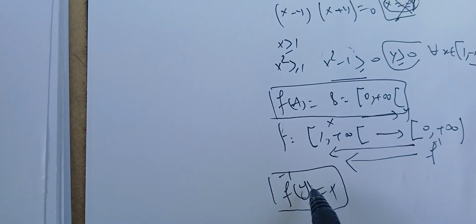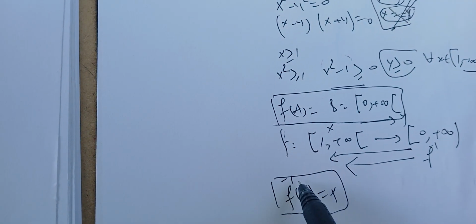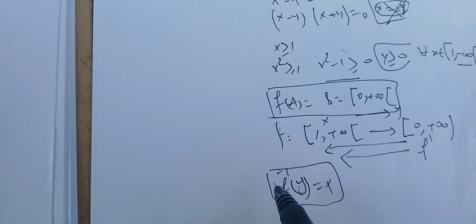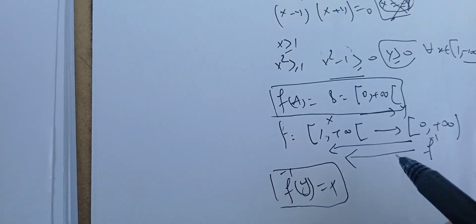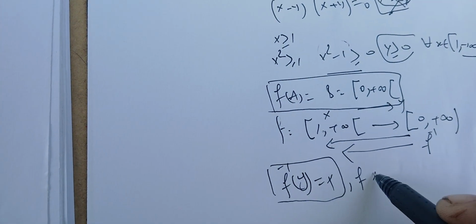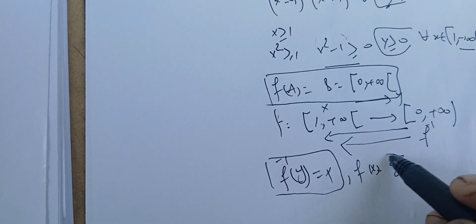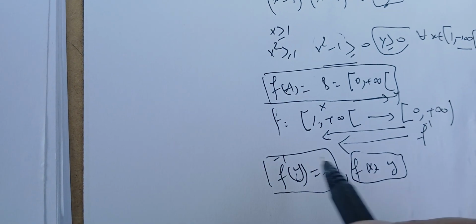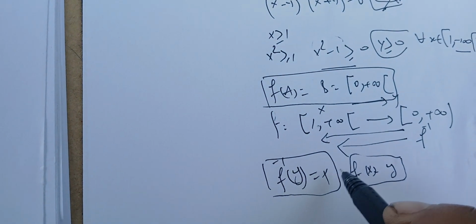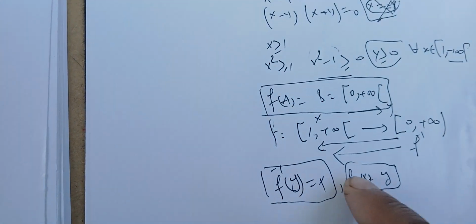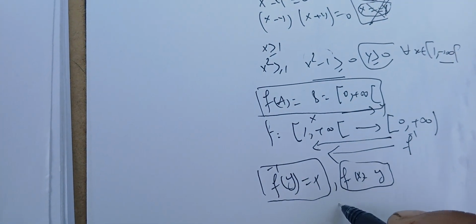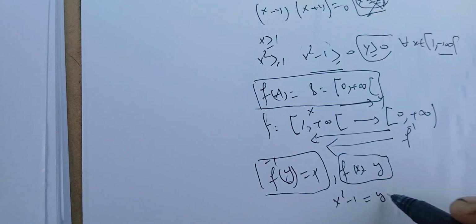To find this, we don't have the expression for f inverse. That's the one that we are looking for. But we can write this as f of x is y. So let's solve, switch x and y, and solve. So f of x is x squared minus 1 equals y.